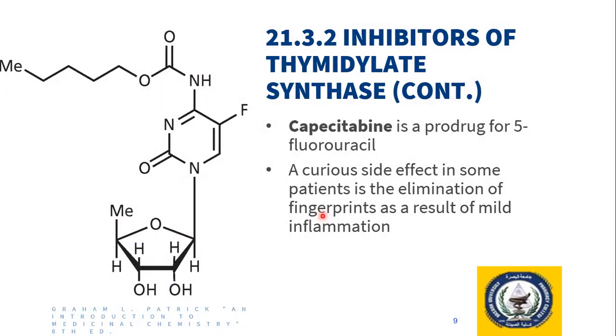Other inhibitors of the thymidylate synthase, like capecitabine, is a prodrug also, but it's a prodrug for 5-fluorouracil. As you can see from the structure here, it has the fluorine at position number 5, but it has this group attached to the amine.